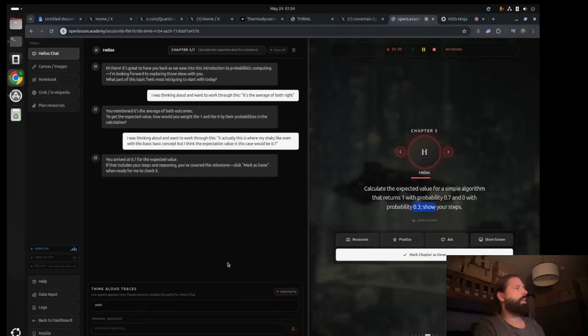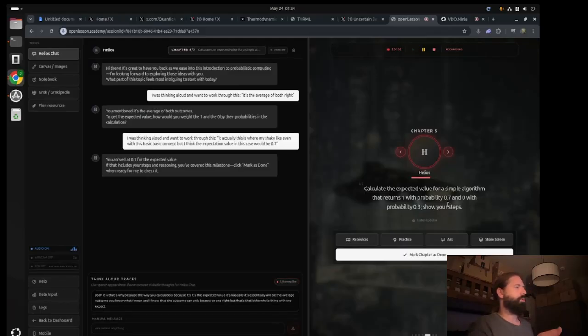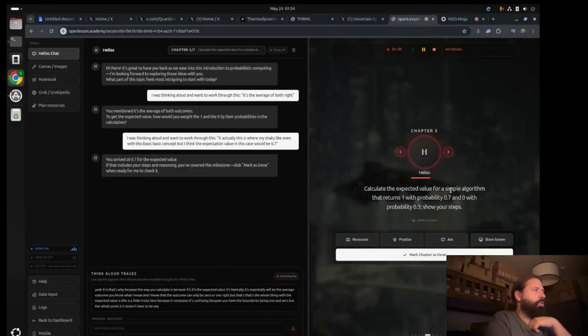Yeah, it is. The way you calculate this is because it's the expected value. It's essentially the average outcome. I know the outcome can only be 0 or 1, but that's the whole thing with the expected value. It's a little tricky here because the boundaries are 1 and 0, but the whole point is it doesn't have to be any of the actual values.